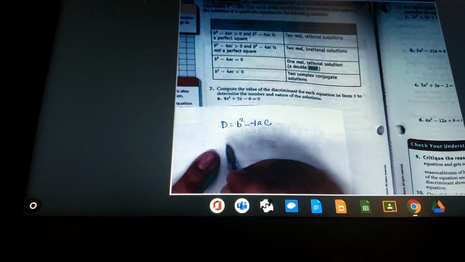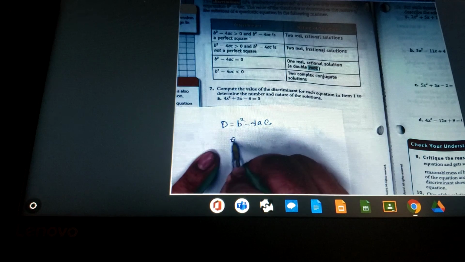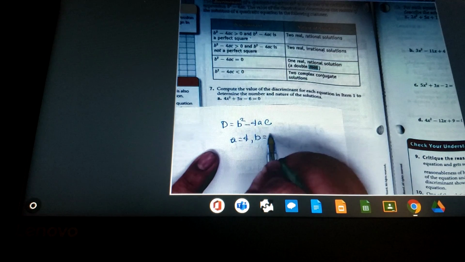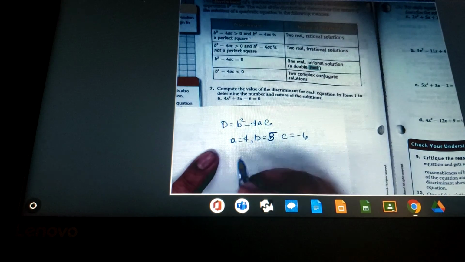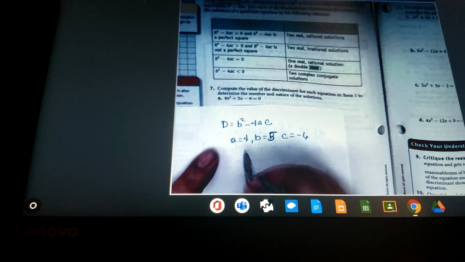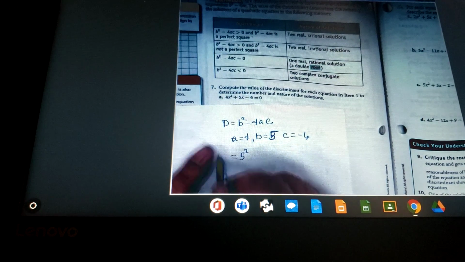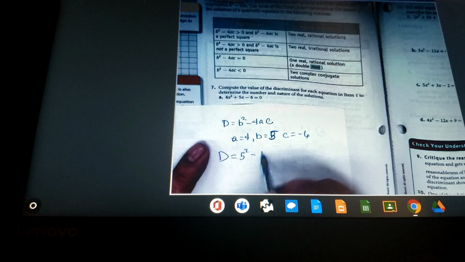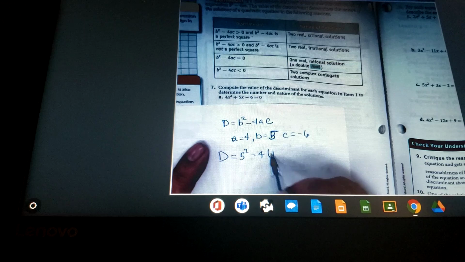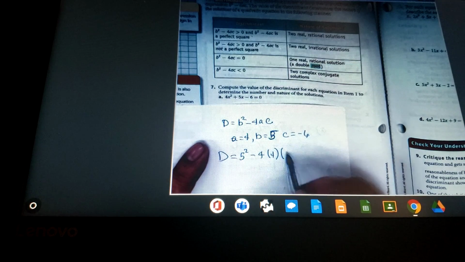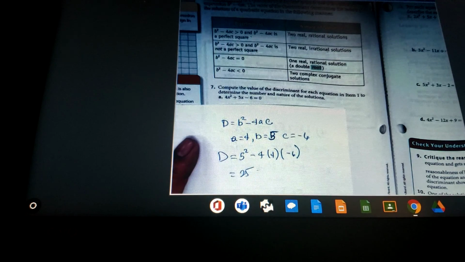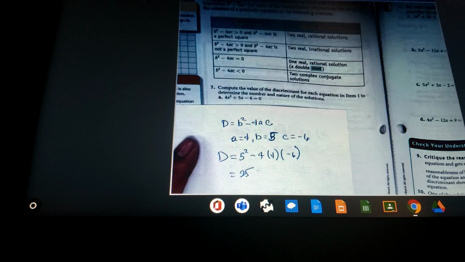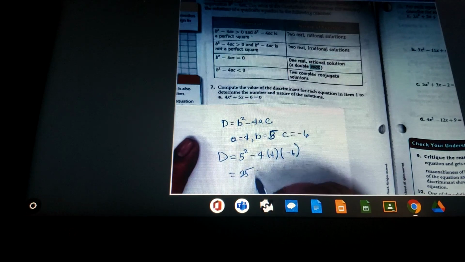So this one, number 7, your a is 4, your b is 5, and then c is negative 6. b squared is equal to 5 squared minus 4ac. a is 4 and then negative 6. 25 plus 96.